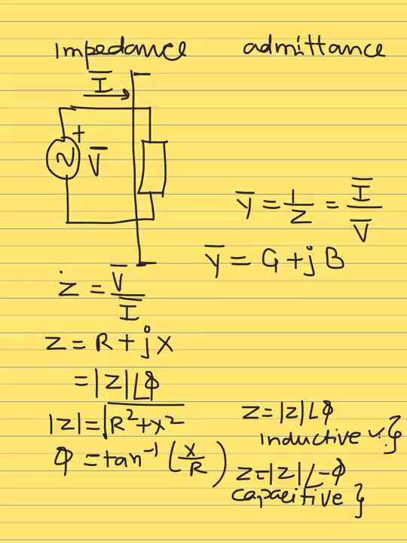You might not have G equals 1 over R or B equals 1 over X. That's not true, because ideally G plus jB equals the inverse of R plus jX. So you make sure that you convert it to polar and then to rectangular form, and then you can have G and B. But that is how the admittance and impedance are related.